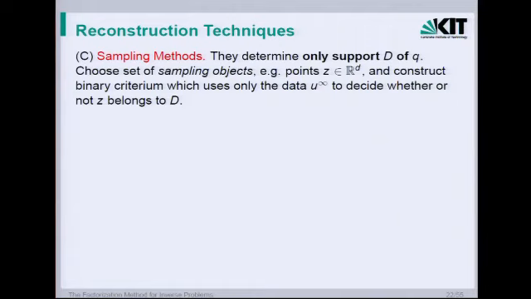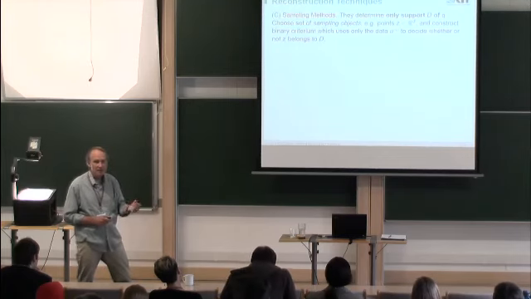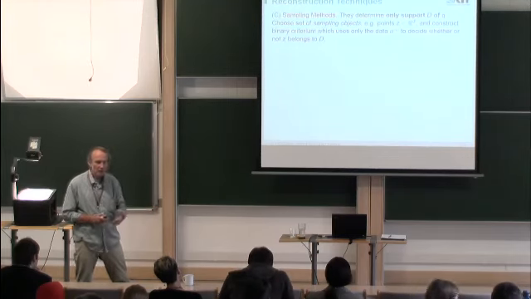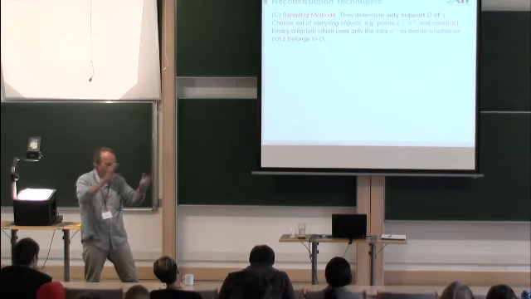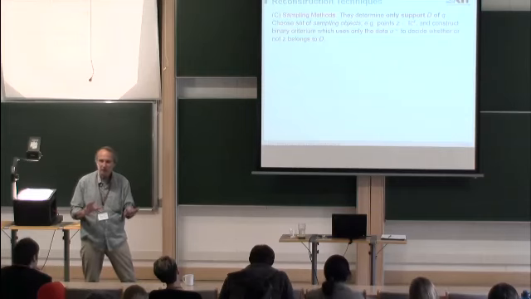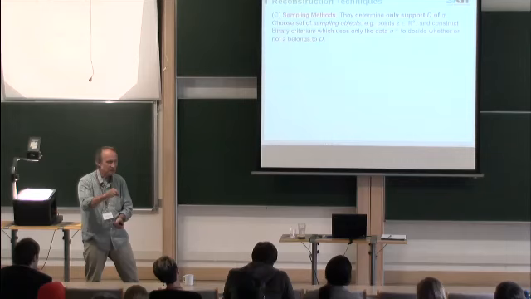The idea in general is you choose a set of sampling objects, for example, points z in R^d, and construct a binary criterion, which gives you yes or no, and which depends only on the data you have, to decide whether or not this point z belongs to D. So then you put a grid in your space around the region where you expect D to be, and for every point you get this fast answer, inside or outside.